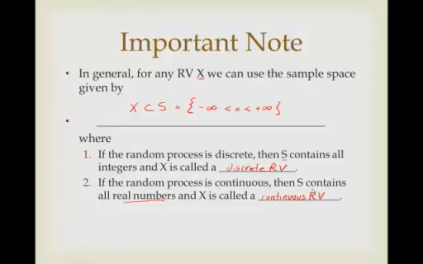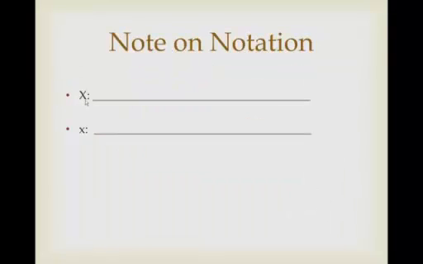Now, let's note something on notation, because this can be a little bit confusing when you're in your book. There's a big X and there's a little x. Big X is a symbolic representation of the random variable. In some sense, this is like thinking about a dimension, and let's say your dimension was length.